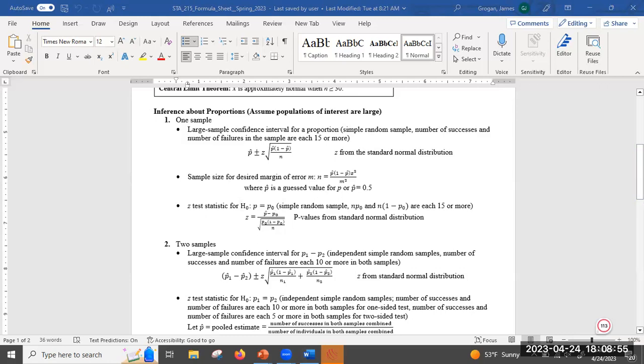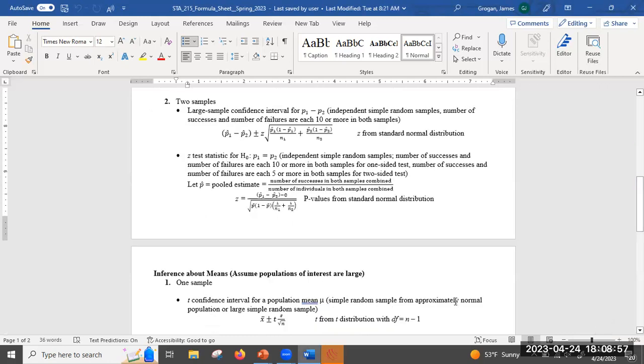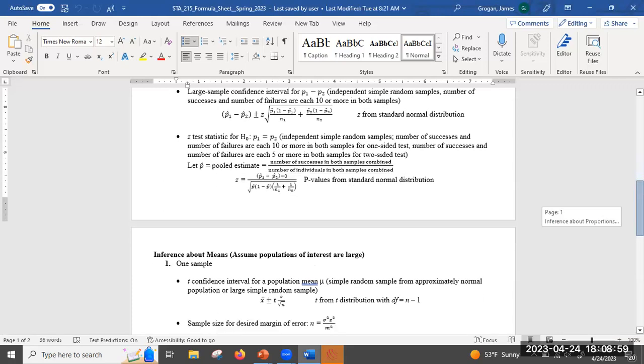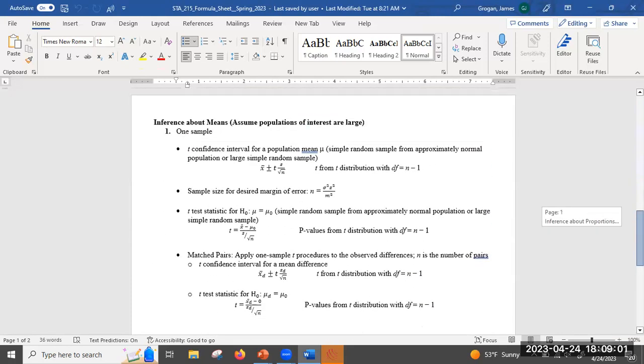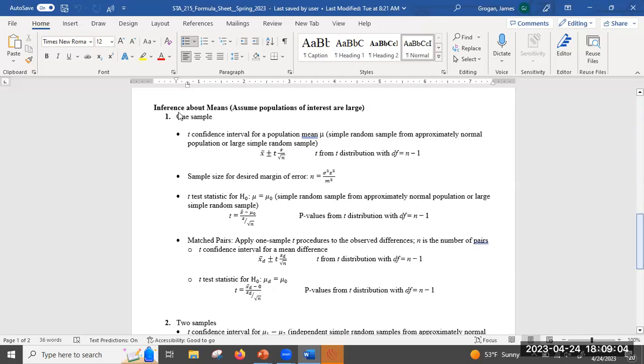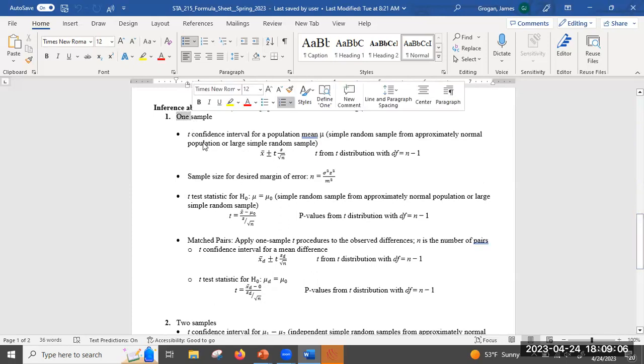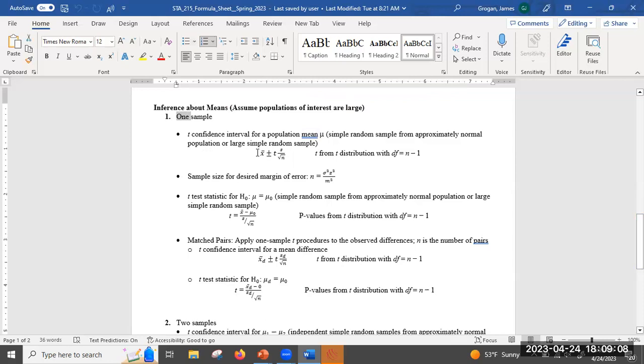Which my computer's sad. Okay, and again, we're only doing the part 1. Part 2 is chapter 10. So one sample, T confidence interval for a mean, right there, and then hypothesis test right here. Okay, third one.